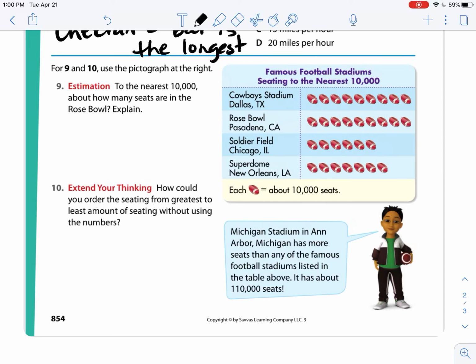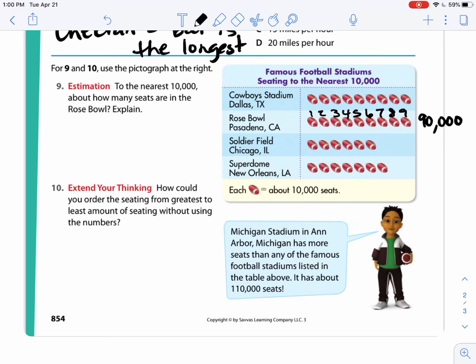Number 9, estimation. To the nearest 10,000, about how many seats are in the Rose Bowl? Well, these are to the nearest 10,000, and each football is 10,000. So let's see how many footballs we have here. 1, 2, 3, 4, 5, 6, 7, 8, 9. So that would be 90,000, wouldn't it?